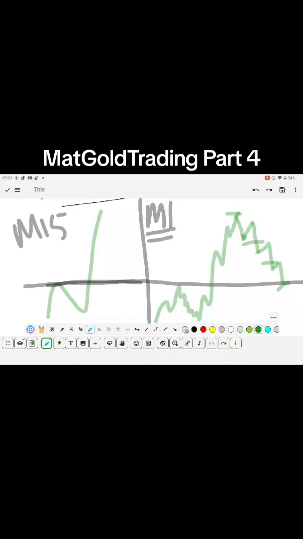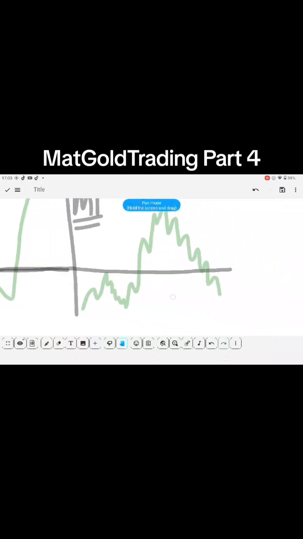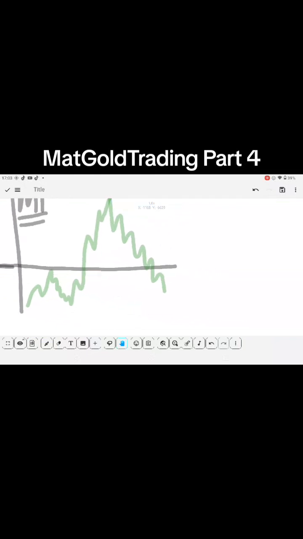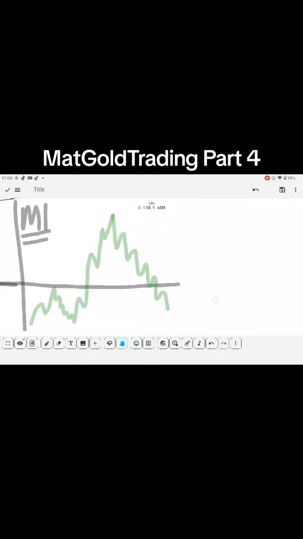The more people we have that are selling, the better for us. We want that discount, we want a lower price. So that's what we want. We want to see a sell trend on the 1 minute time frame.